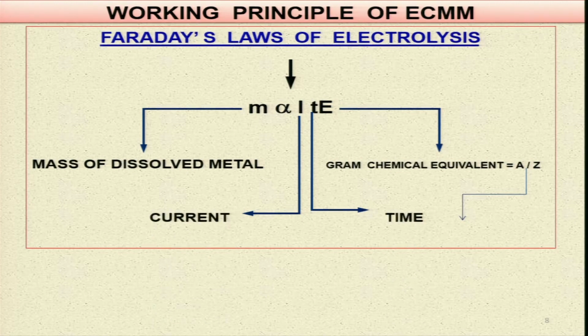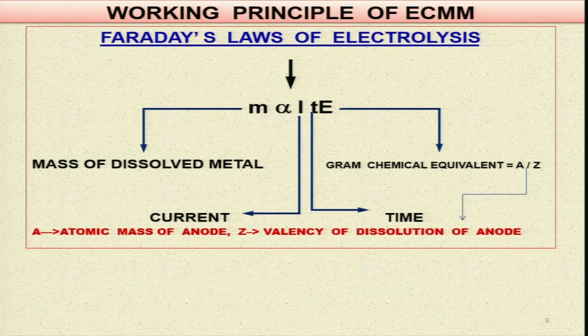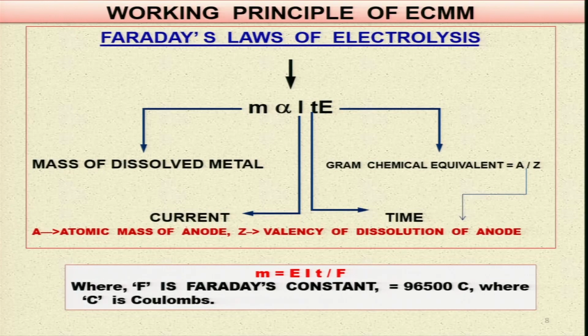I is the current and t, small t, is the time. Now, A is the atomic mass of anode material and Z is the valency of dissolution of anode material. So, in ECMM also we are using Faraday's laws of electrolysis as in case of the ECM process.